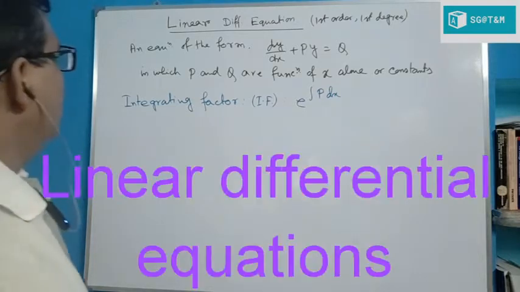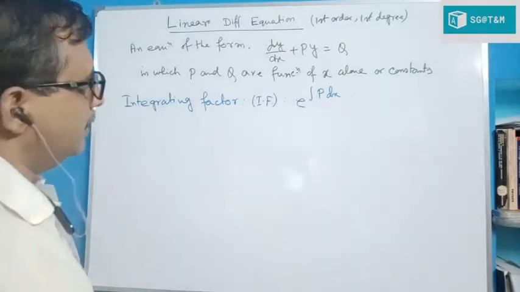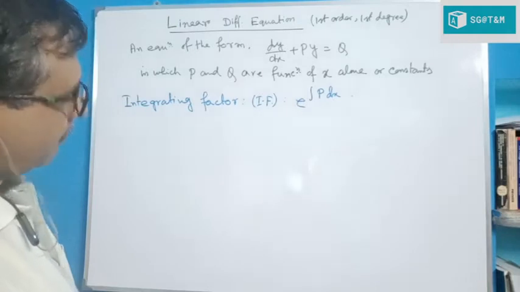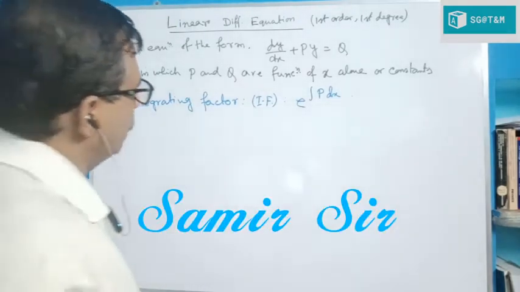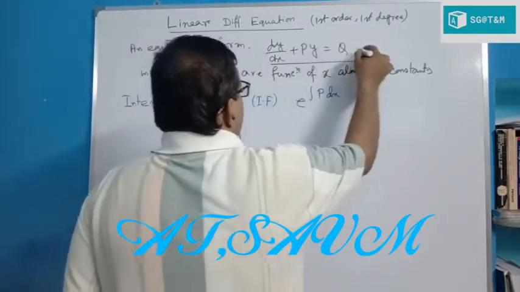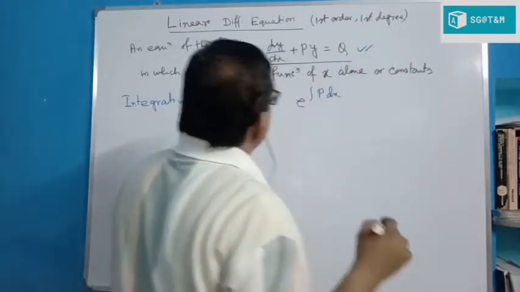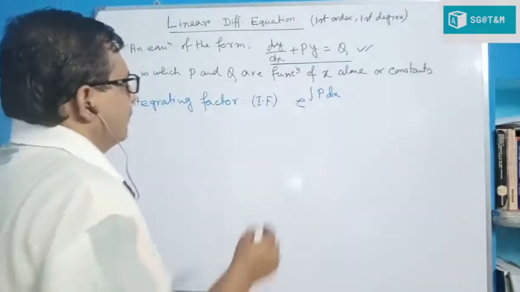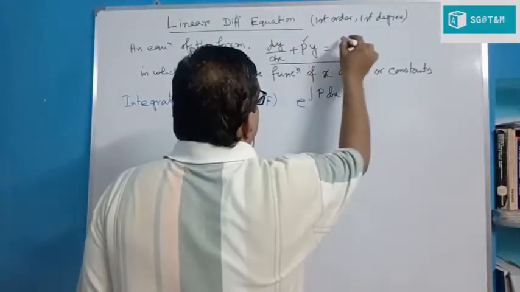An equation of the form dy/dx + Py = Q is known as a linear equation. But there is a restriction.